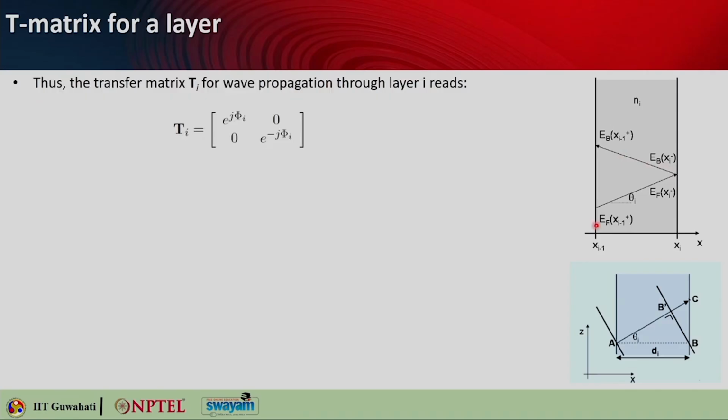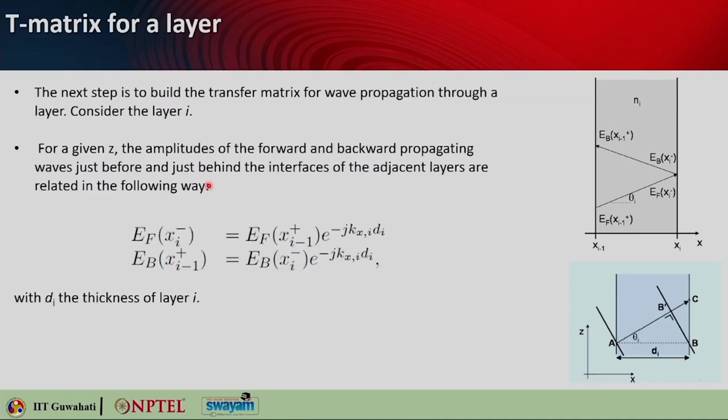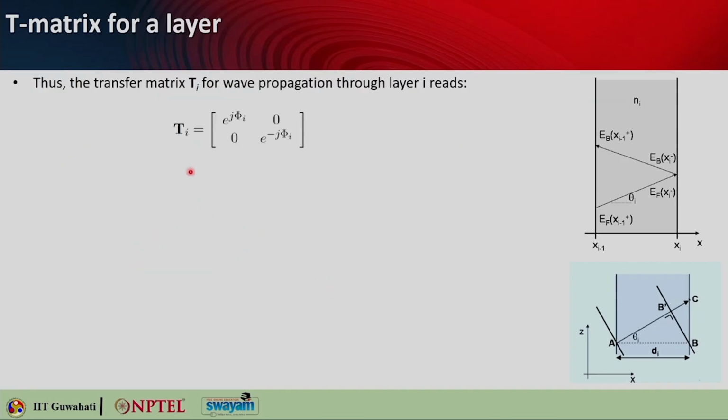Okay. Now we can write it in short form, the transfer matrix. So you can actually again do the same kind of maths and find out that the transfer matrix that correlates the left side's field with the right side field will be something like this. So capital Ti will be e to the power j phi i, 0, and 0, e to the power minus j phi i.